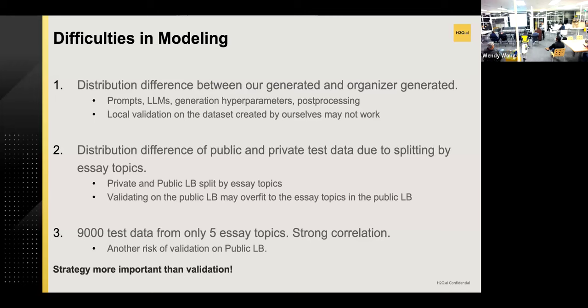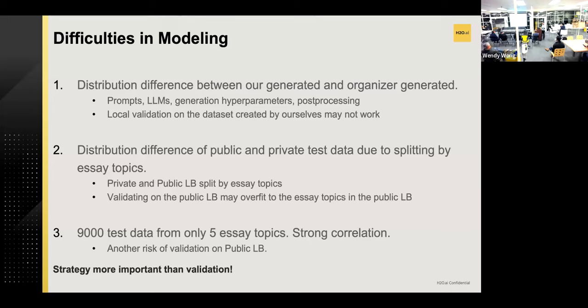That's the first issue. The second issue is that later during the competition, we got information that the private and public leaderboard data are split by the essay topics. Since we have a total of 5 essay topics, I think I remember 2 were set for the public leaderboard and 3 for the private leaderboard. The thing is, there are only 5 essay topics.